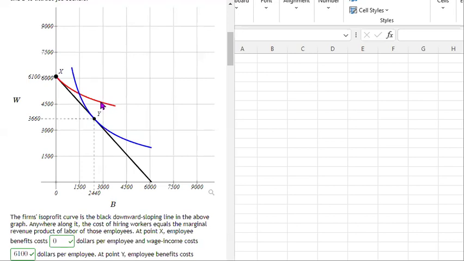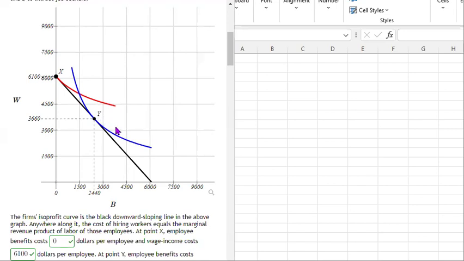This red indifference curve is the indifference curve of type X, and it's tangent to the black isoprofit line at point X. Now, there are infinitely many red indifference curves, I'm just showing you one. And there are infinitely many blue indifference curves. And again, I'm just showing you one. So this is an optimal choice for type X employees, and this is an optimal choice for type Y employees.